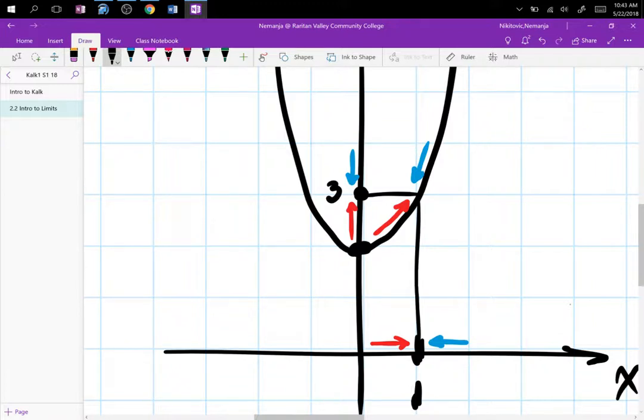So that's why the limit is still 3. Now, the interesting part is that I never computed at 1. The calculation at 1 is inferred. You see that the answer is 3 because the red and the blue arrow are going to collide at 3.